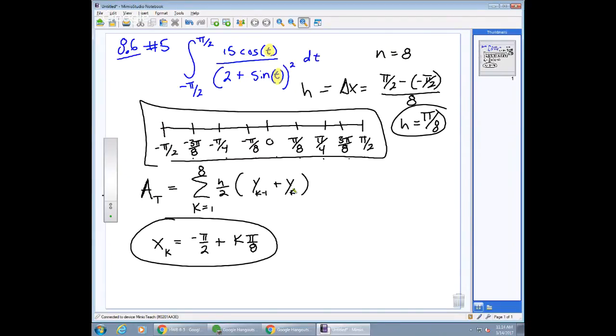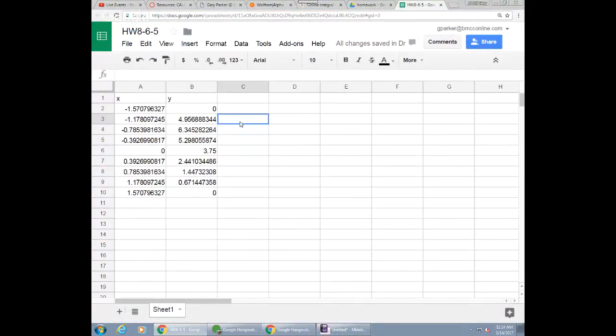It doubles the inner y values, because the inner y values are all part of the trapezoid on that side and that side. So anyone in the middle gets used twice. Yeah, so I can actually have the spreadsheet help me do this. So I could then say double each of these in the middle.